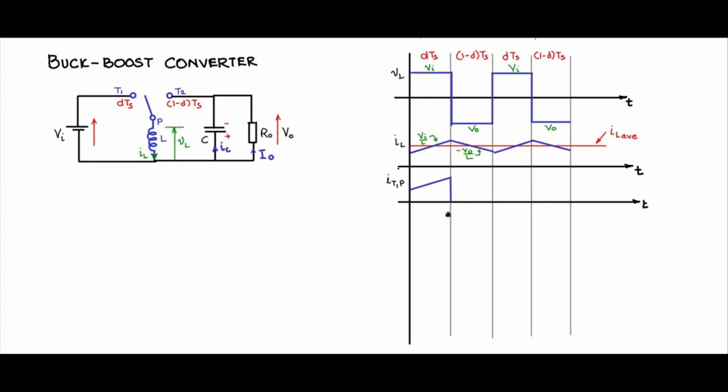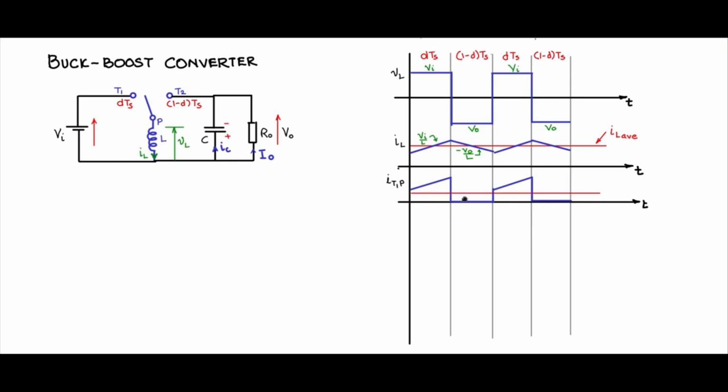So we can draw the D Ts portion of the inductor current. The 1 minus D Ts portion will not flow through the input source because T1 is open. So there is no current flow during 1 minus D Ts period. Again, the next D Ts period, you will have the inductor current flowing through the input source. So T1P will have a current like the inductor current, but only the D Ts period part.